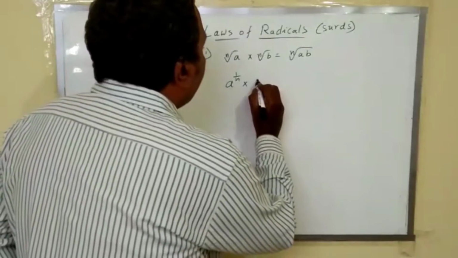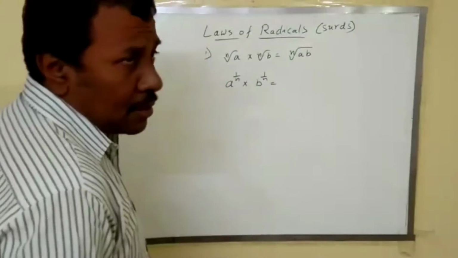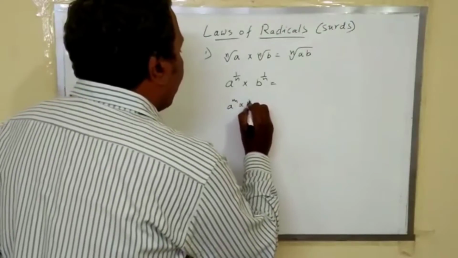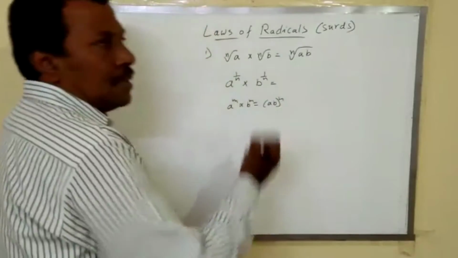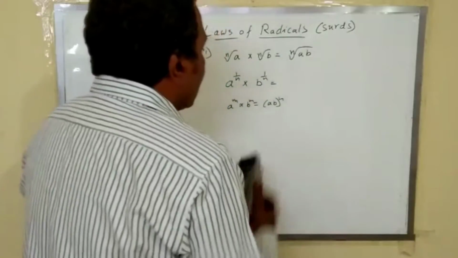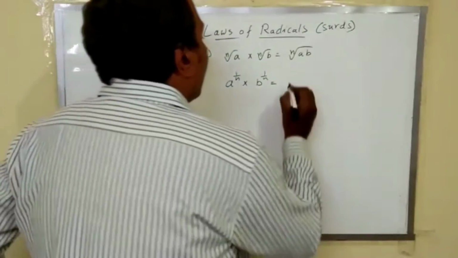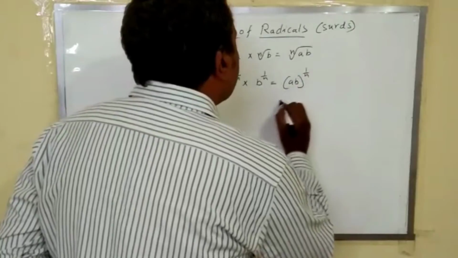At the same time, b power 1 by n. This is in the form of a power m into b power m is equal to ab whole power m. According to this, a power 1 by n into b power 1 by n can be written as ab whole power 1 by n.